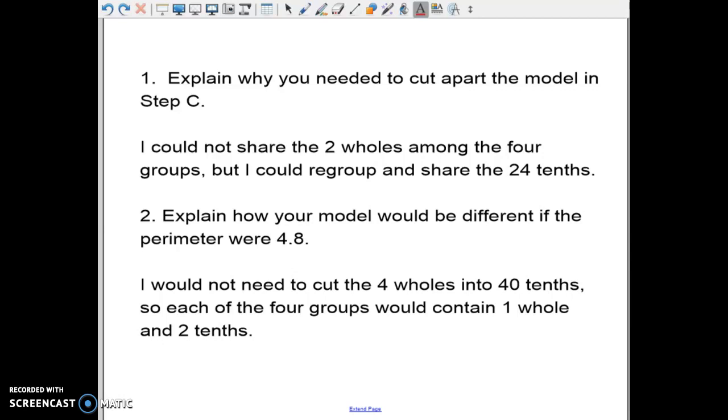Now in number 2, it says, explain how your model would be different if the perimeter were 4 8/10 meters. I would not need to cut the 4 wholes into 40 tenths because I could put 1 whole in each of my 4 spots. So each of the 4 groups would contain 1 whole and 2 tenths.